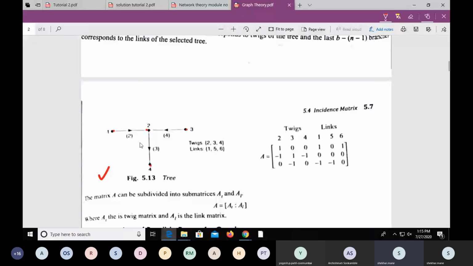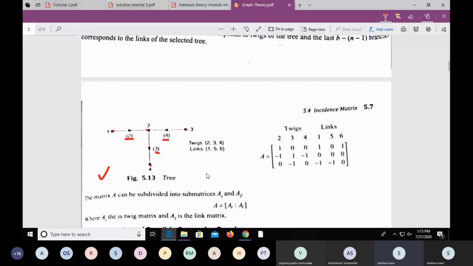So here twigs are 2, 4, 3. The branches of a tree are called twigs, and the branches which are not there in the tree are called links. So 1, 5, 6 are links.